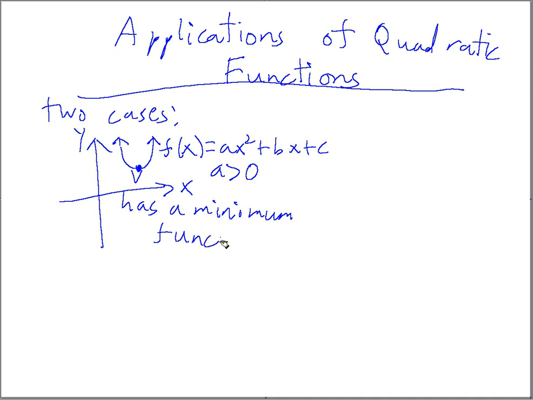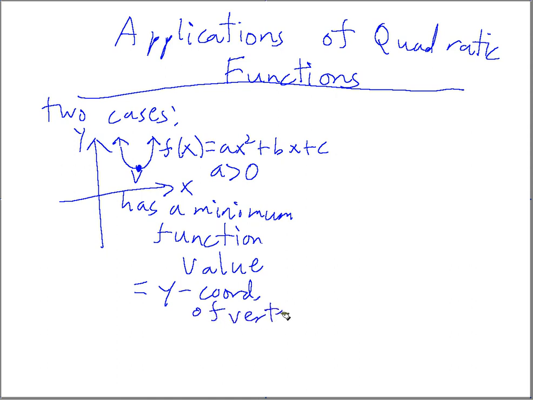And that minimum function value is, again, the y-coordinate of the vertex. I'll call that y sub v, meaning the y-coordinate of the vertex.